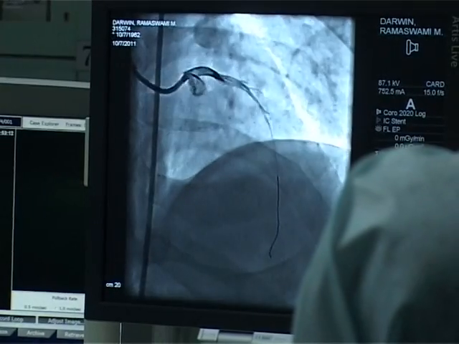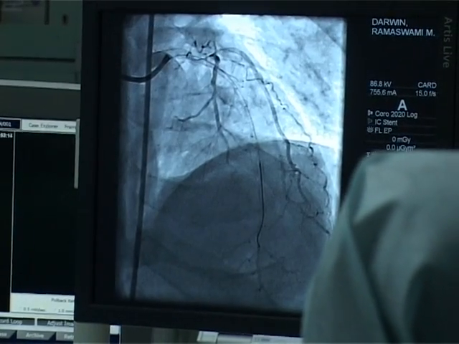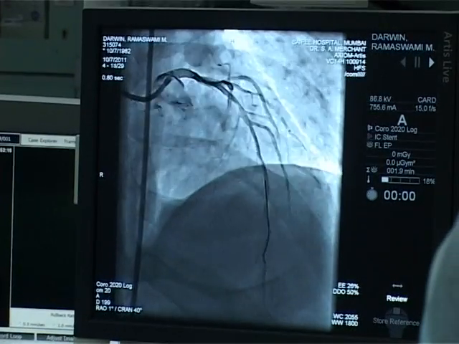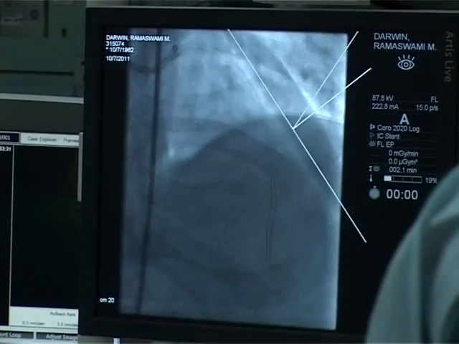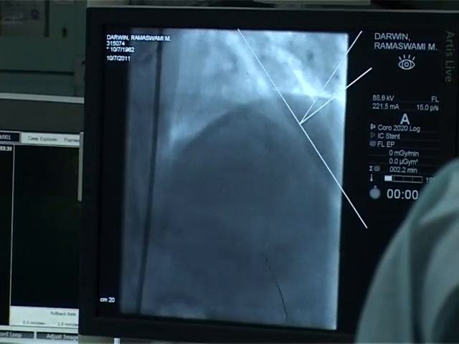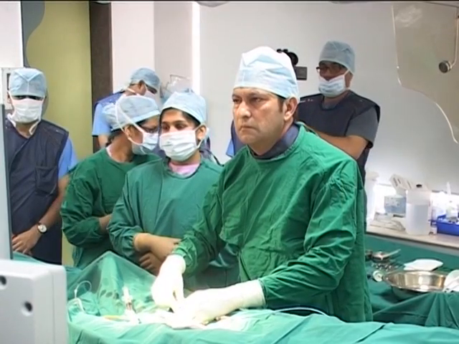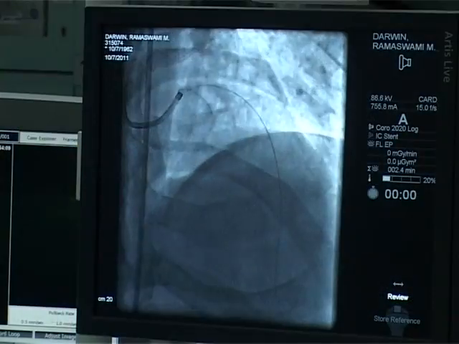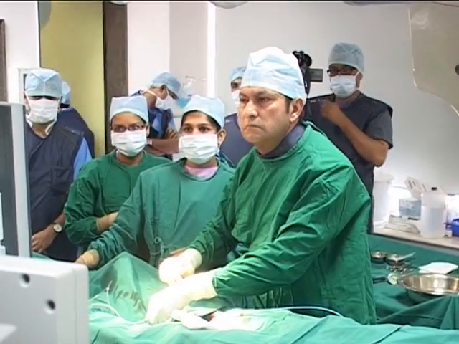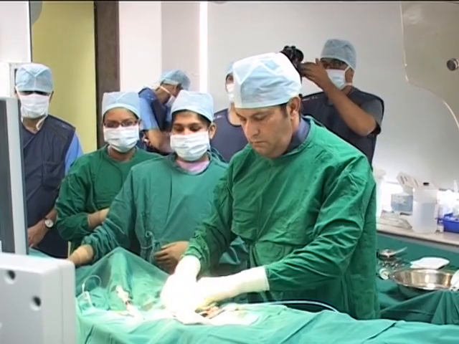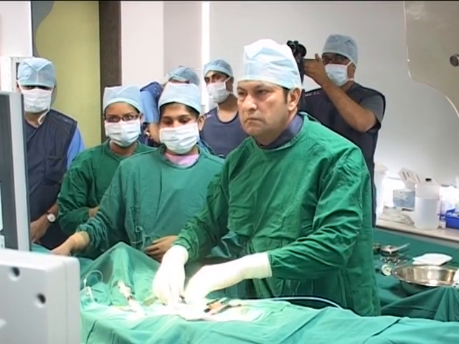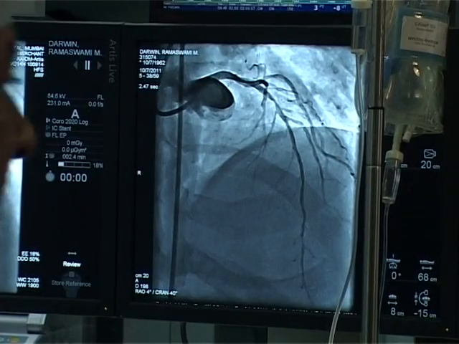I crossed the stenosis with the BMW wire, and you can see the BMW wire distally placed in the LAD artery. This is a check shoot to look at the BMW wire well placed distally in the LAD artery.